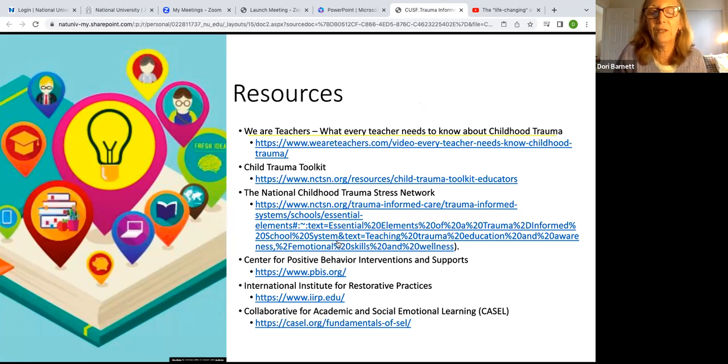Here are several resources. I have the websites for each of the 3 programs that we talked about. CASEL, Restorative Practice, which is the IIRP, International Institute for Restorative Practice, and the PBIS clearinghouse, called pbis.org, Center for Positive Behavior Intervention and Supports. Those are wonderful websites.